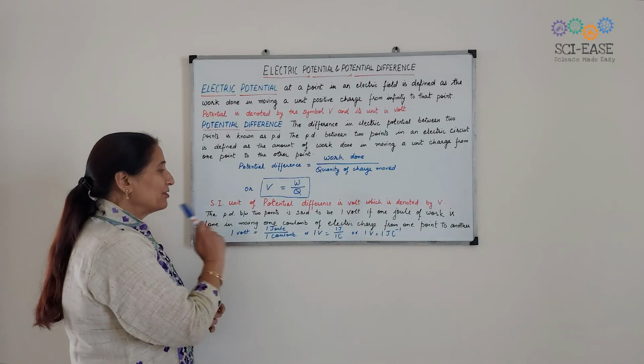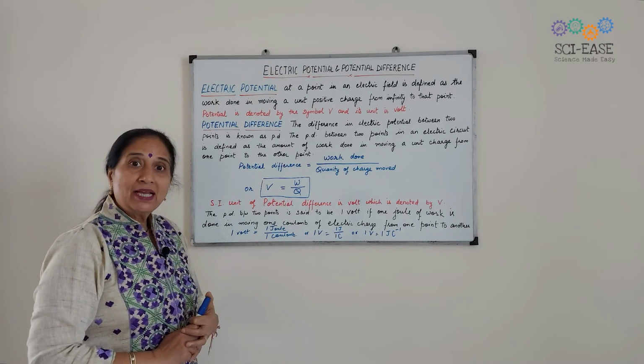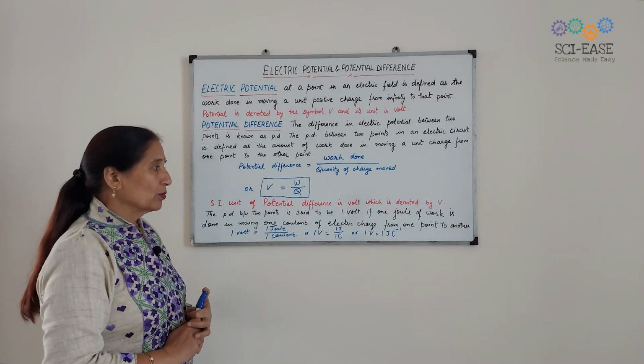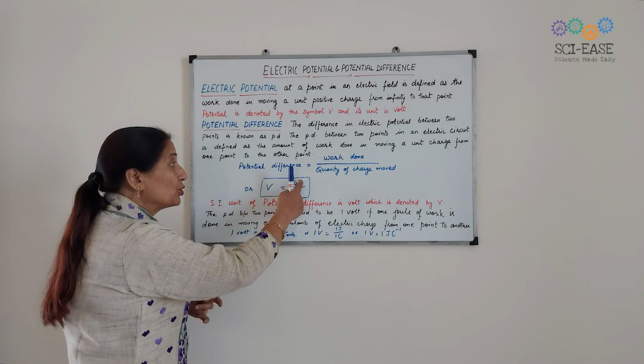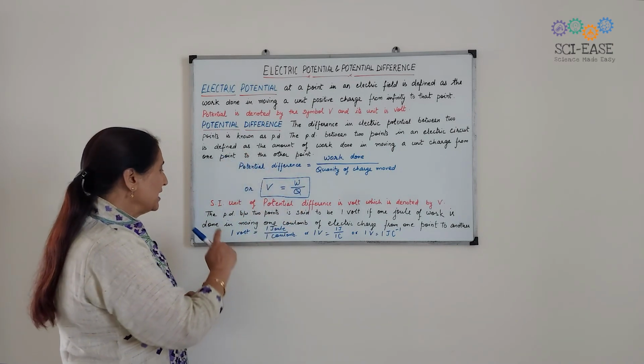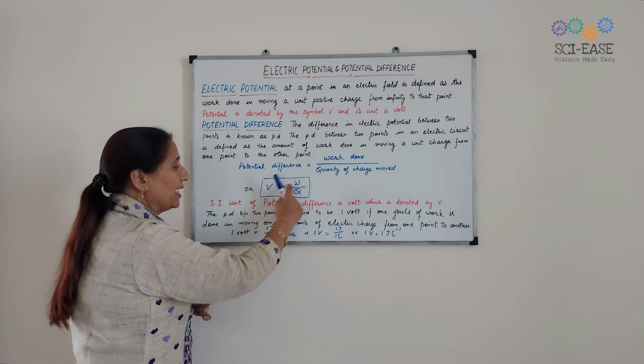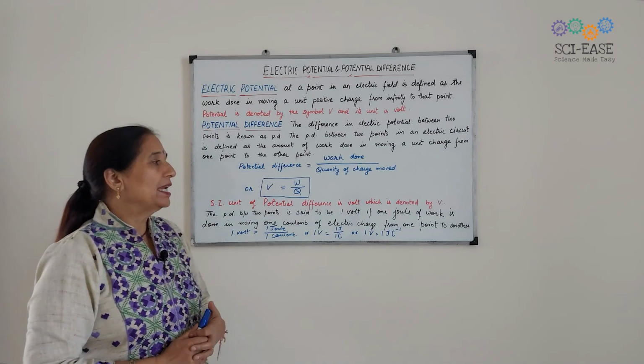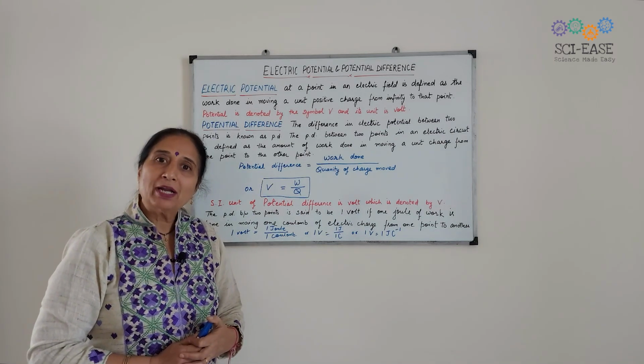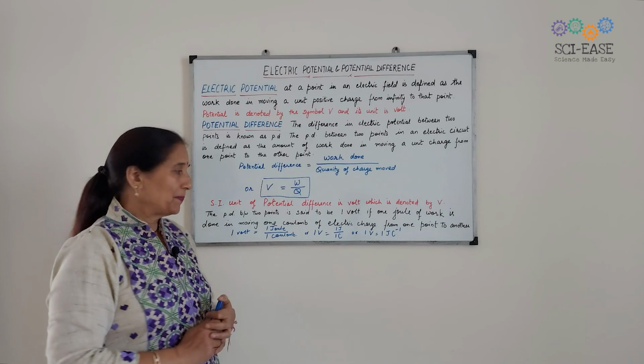The potential difference between 2 points is said to be 1 volt if 1 joule of work is done in moving 1 coulomb of the electric charge from one point to another.